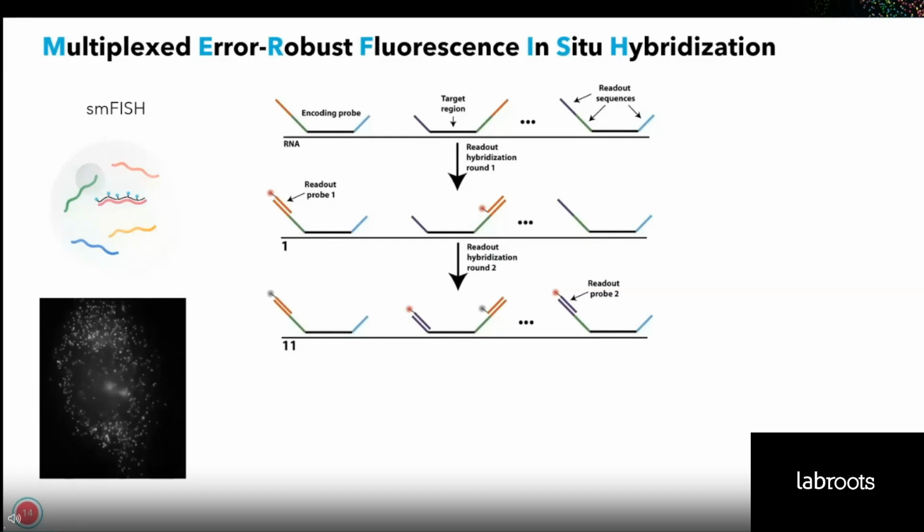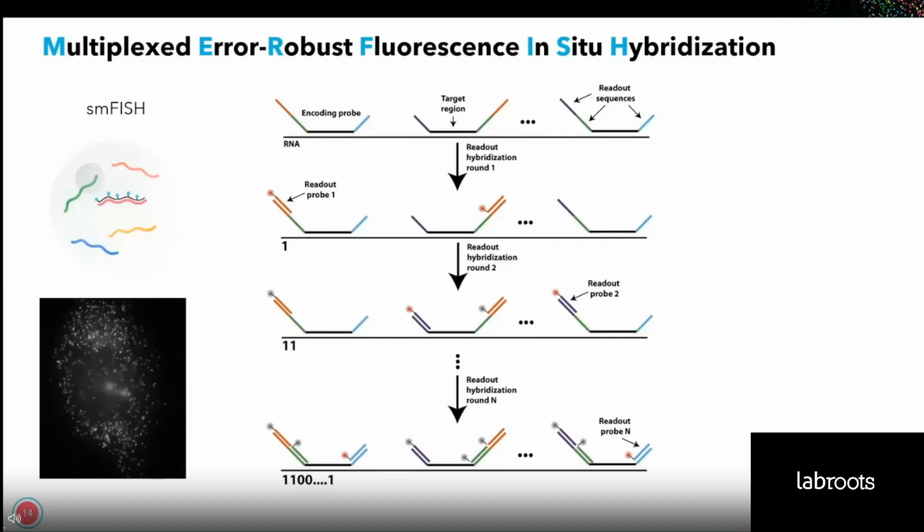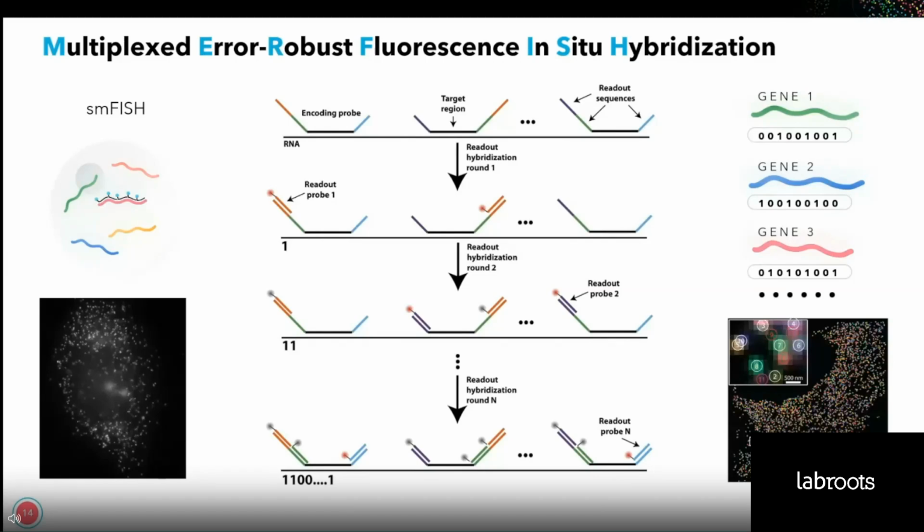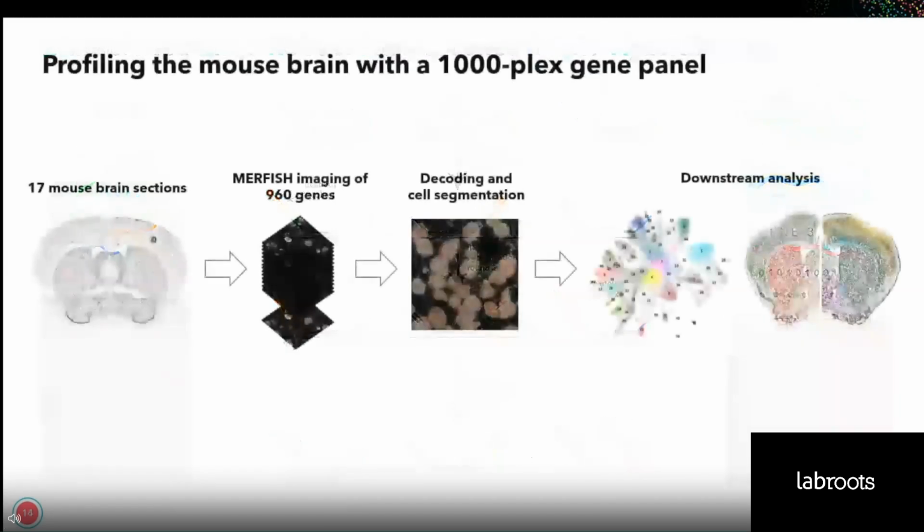After completing all n rounds of imaging, we assign the barcode to the decoded probes and identify the genes that correspond to the binary barcode. In this way, hundreds to thousands of RNA species can be profiled in the same experiment, making it a leading technology of spatial transcriptomics.